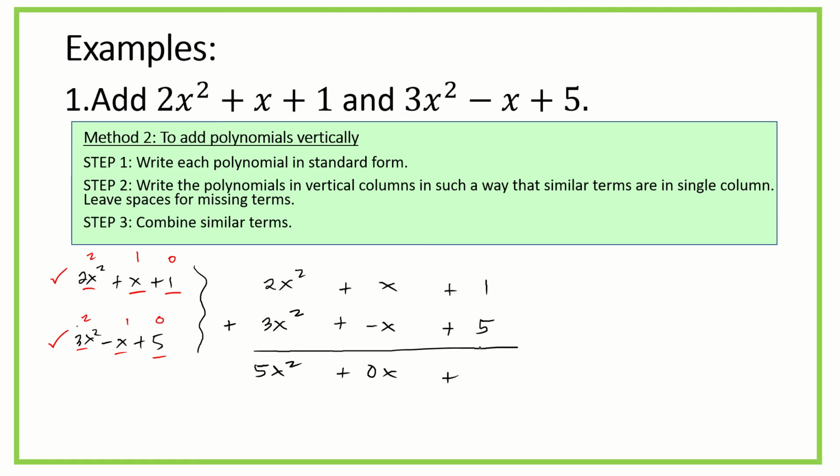Then 1 plus 5, 6. So this 5x squared plus 0x plus 6 can be written as 5x squared plus 6, because 0x is just 0 and there's no need for you to write 0. So this is our final answer. So feel free to choose which one you would prefer, vertical or horizontal. It's up to you as long as you arrive at the same answer.